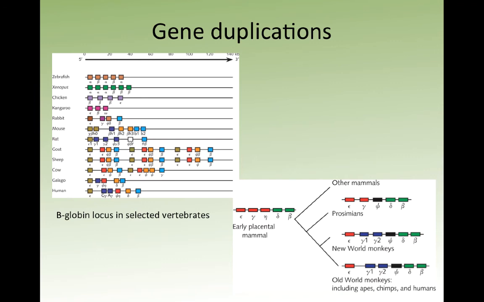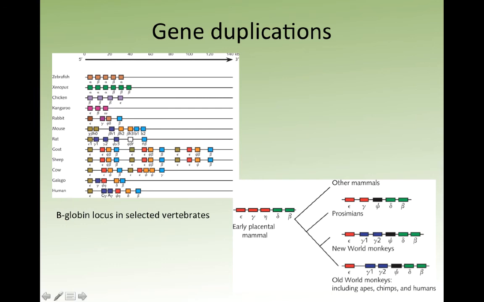And this is actually looking at a segment. This is looking at the beta globin locus in all of these vertebrates. So this is the organization of the locus. And what you'll see is that there are these alpha and beta globins. They're organized in a similar fashion.